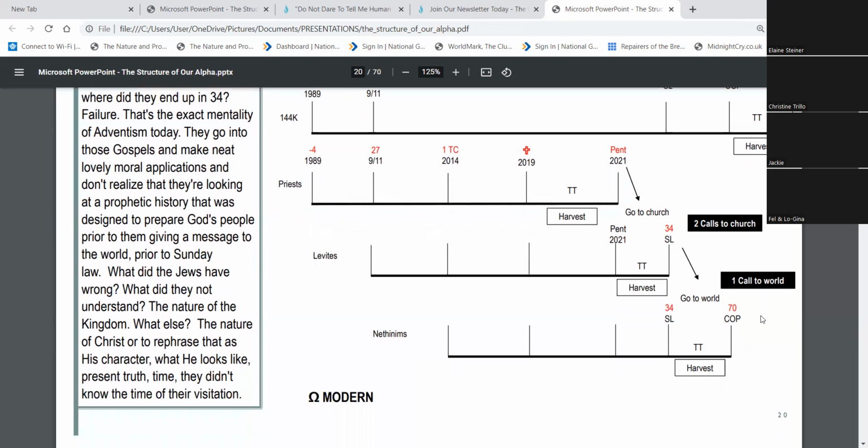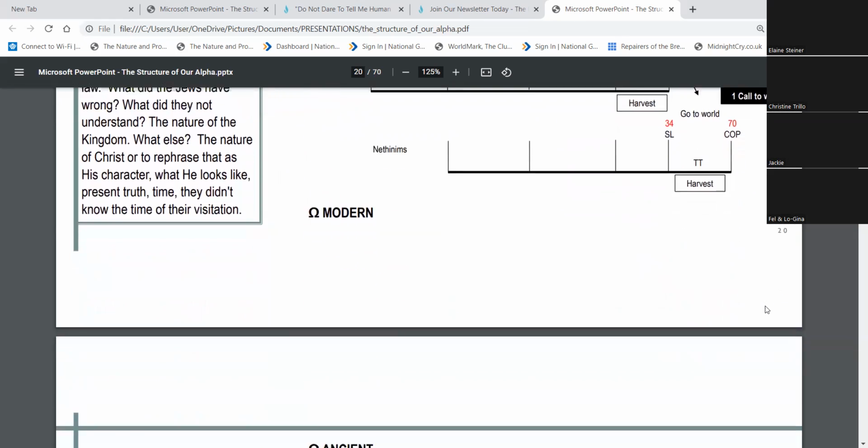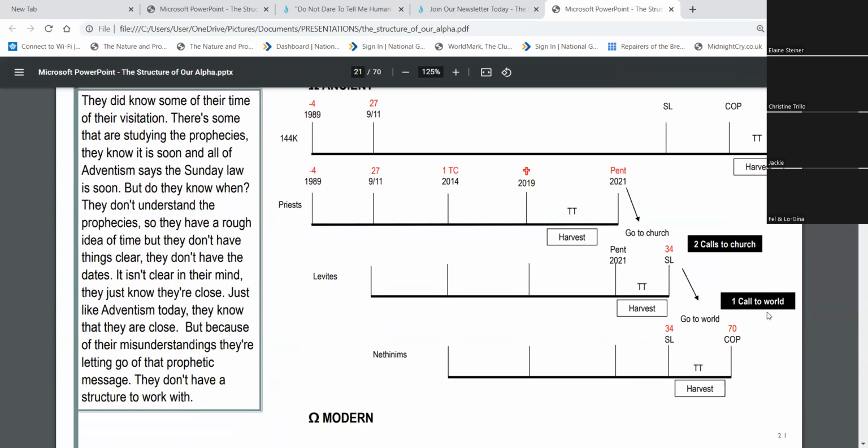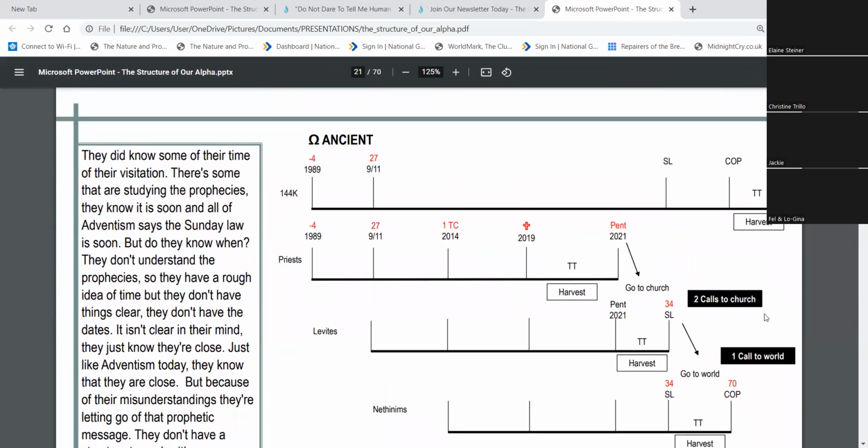And what else? The nature of Christ, or to rephrase that, his character, what he looks like, present truth, time. They don't know the time of their visitation. They did know some of their time of their visitation.